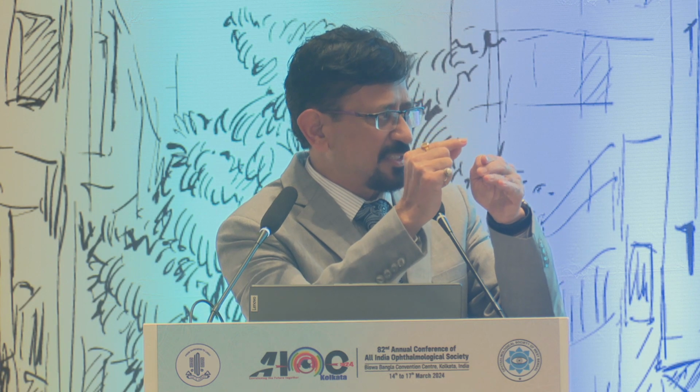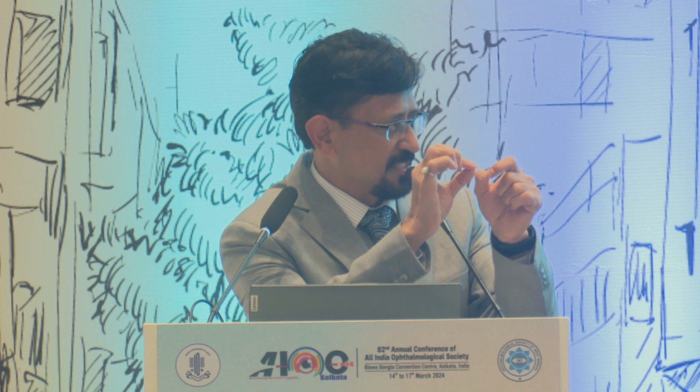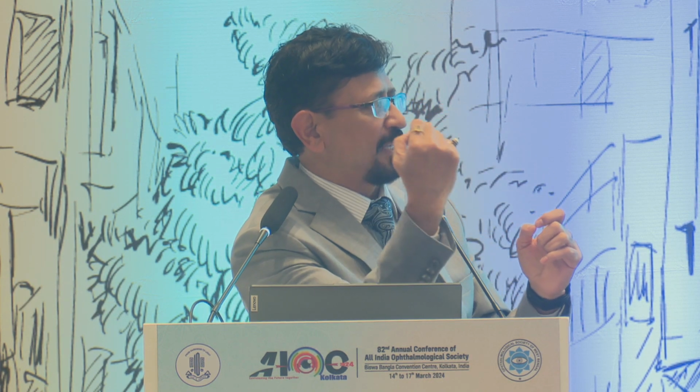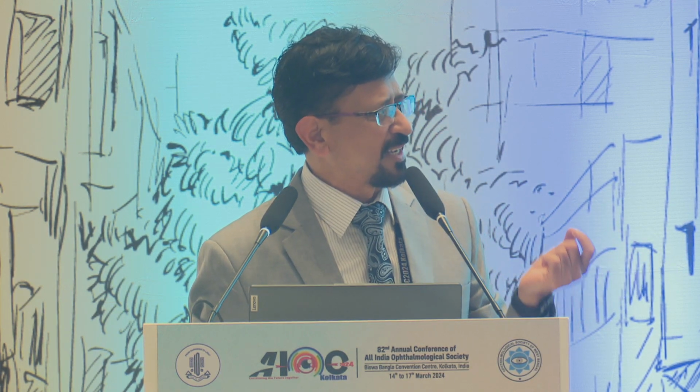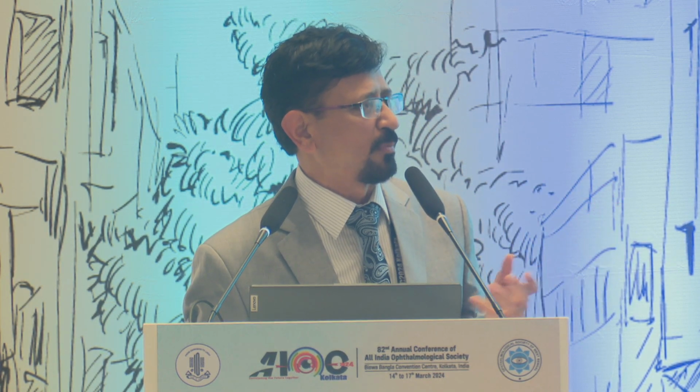Why? Because they have shown that probably the interface has some crypts and some elevations which are compensated when you put the flap. But when you remove the flap, those crypts and elevations are exposed, and that is why you get some astigmatism. Invariably, in most of the cases, you get some astigmatism, but that is also about 0.75 or so.